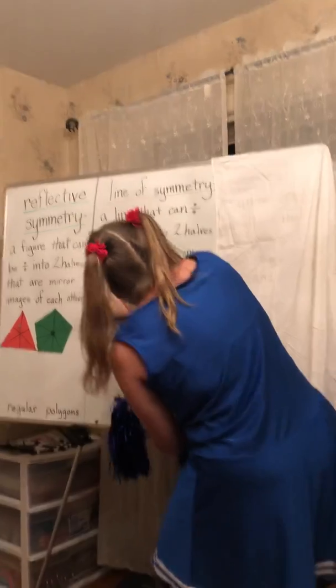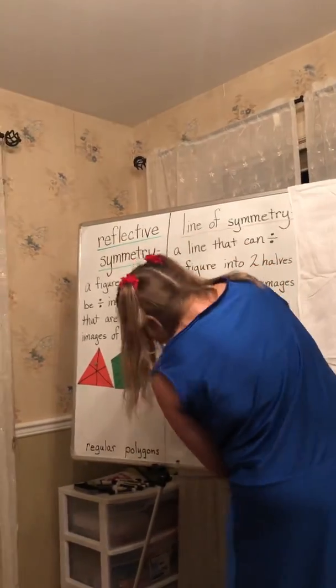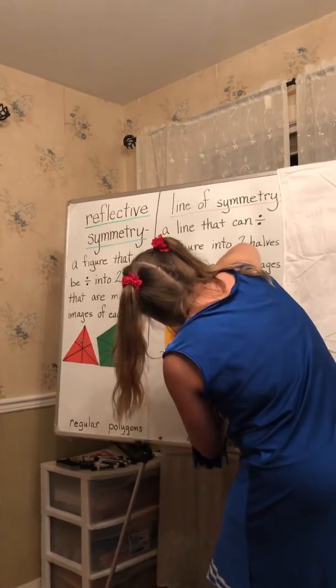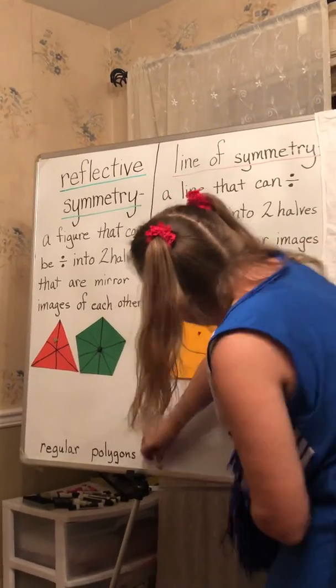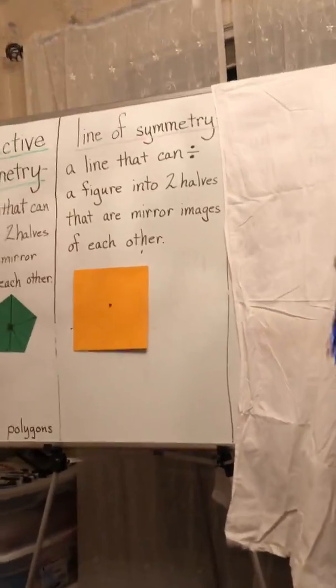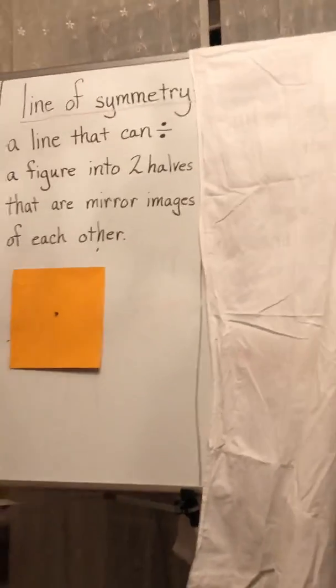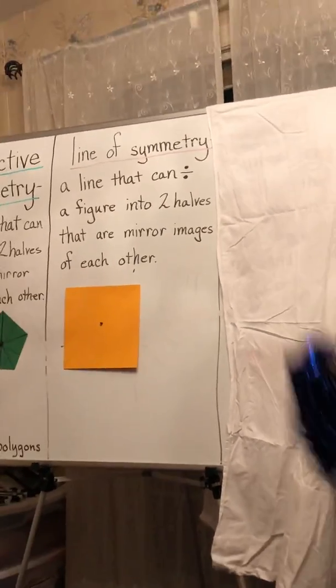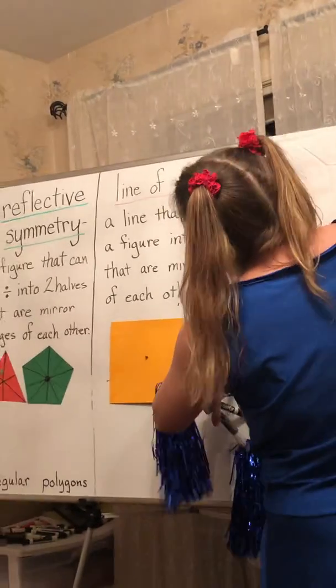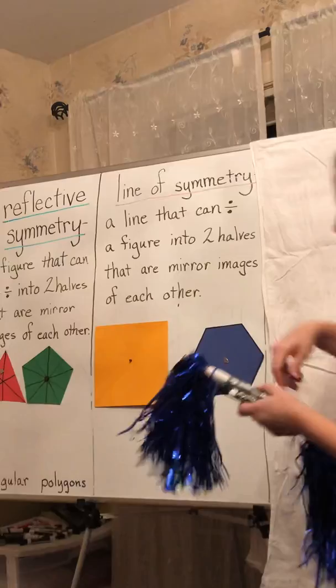Thank you, my lovely square. And let's try one other. One other regular polygon with, let's go, 1, 2, 3, 4, 5, 6 sides, and that would be called a hexagon.